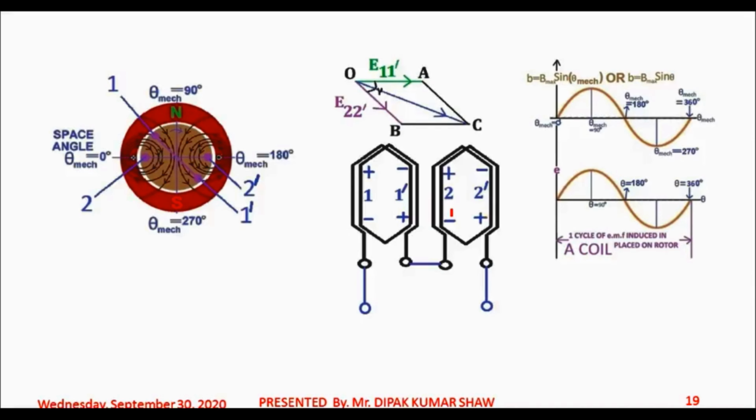Correct. If you draw the EMF induced in coil 2 2 dash, it will also come as sinusoidal, but it will be phase shifted. That means the sinusoidal voltage waveform for coil 1 1 dash and the sinusoidal voltage waveform for coil 2 2 dash will be phase shifted with respect to each other.